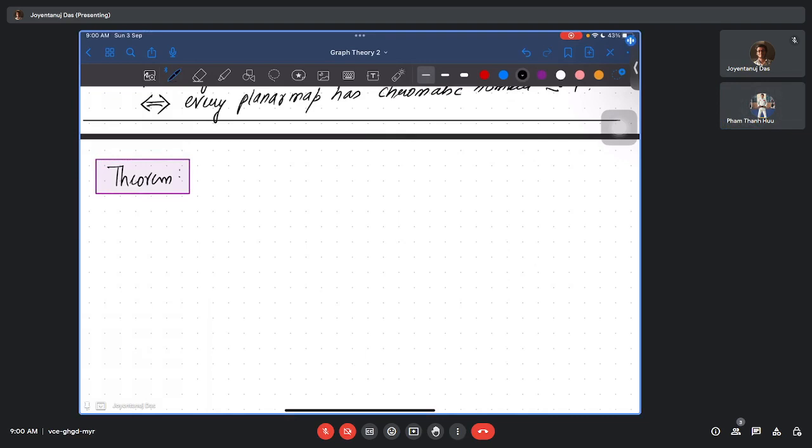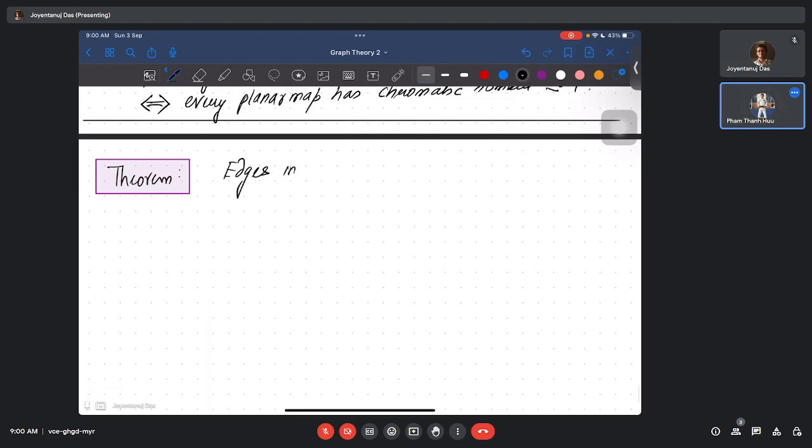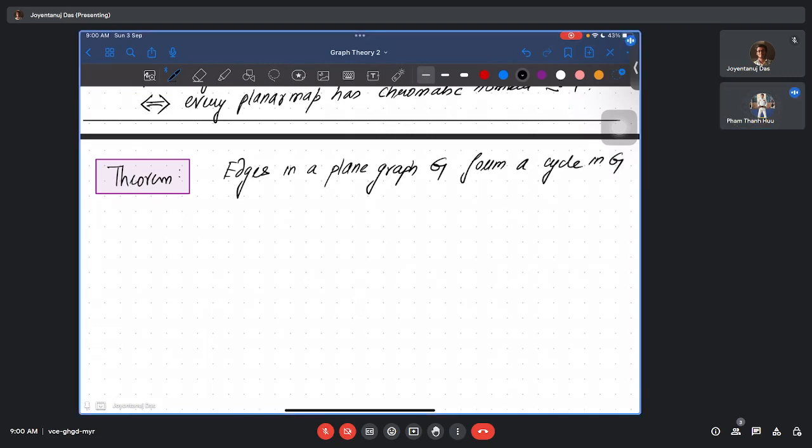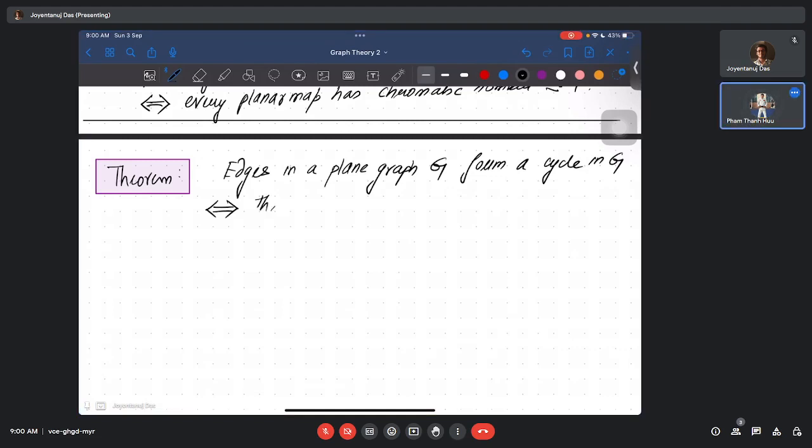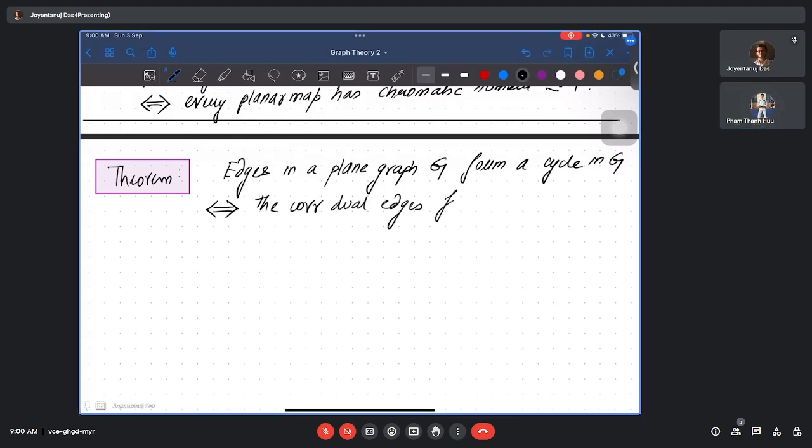It says that edges in a plane graph form a cycle in G if and only if the corresponding dual edges form a bond in G star. G star is the dual graph.